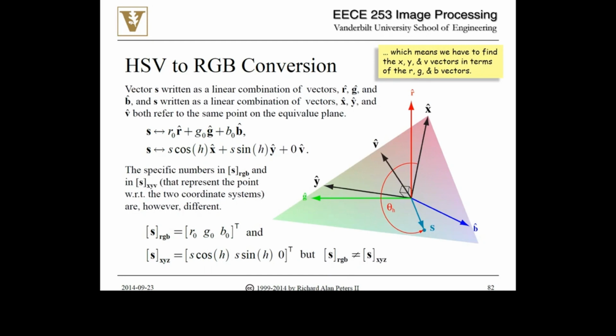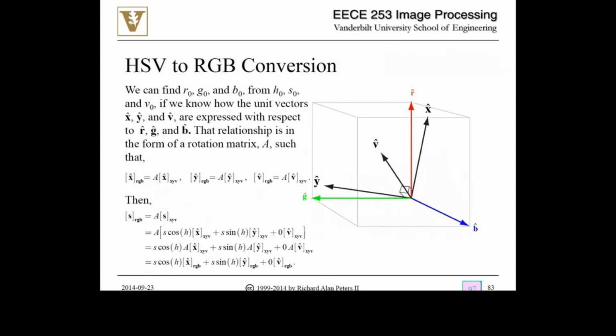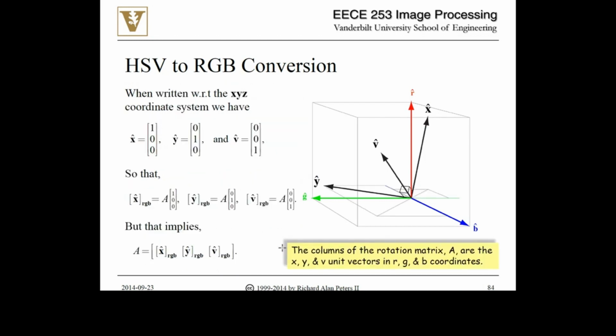So that is nothing new. I need to find the expression of the vectors x, y, and v in the RGB coordinate system.